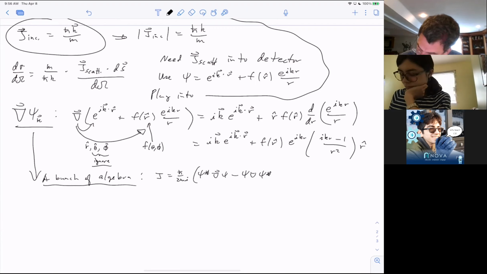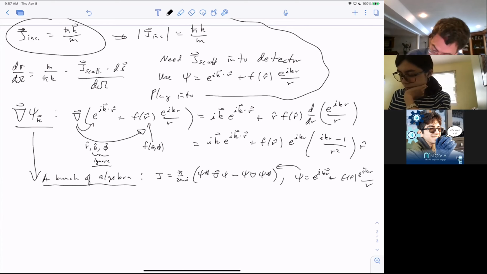We're literally doing this where psi is equal to e to the ikr plus f of r hat e to the ikr over r. So we're plugging that into there. And when we do the bunch of algebra, we're going to get that j.